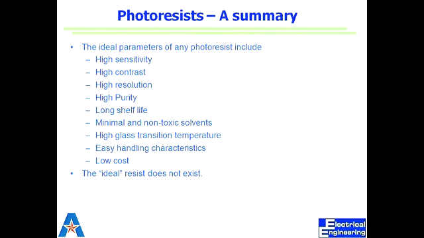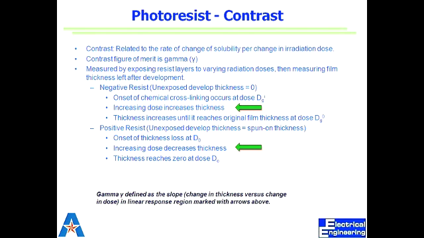So these are ideal parameters that we want in a photoresist, but there's always a trade-off with different parameters in terms of what is the reaction that occurs between positive resist and negative resist.